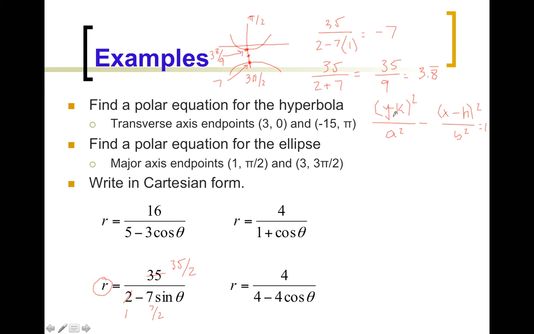Well, I know what h is. H is 0 because it doesn't move left or right. That's all I got so far. And then for k, k is halfway between those two vertices. Oh, that means we got some ugly stuff to be doing here, huh?